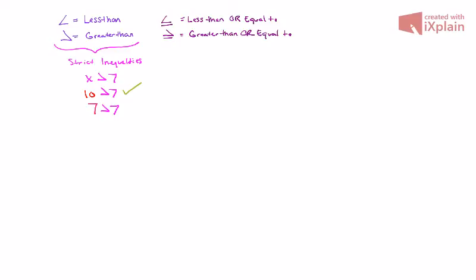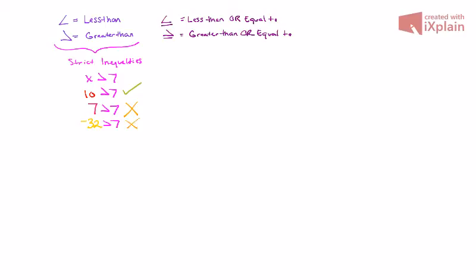In this situation, we would have to jump in and say, no, that's not a true statement. 7 is not greater than itself, but it is equal. But in this case, we have a strict inequality. We're saying that the x value must be greater than 7. And of course, if we went the opposite direction and picked negative 32, negative 32 being greater than 7 is just plain wrong.